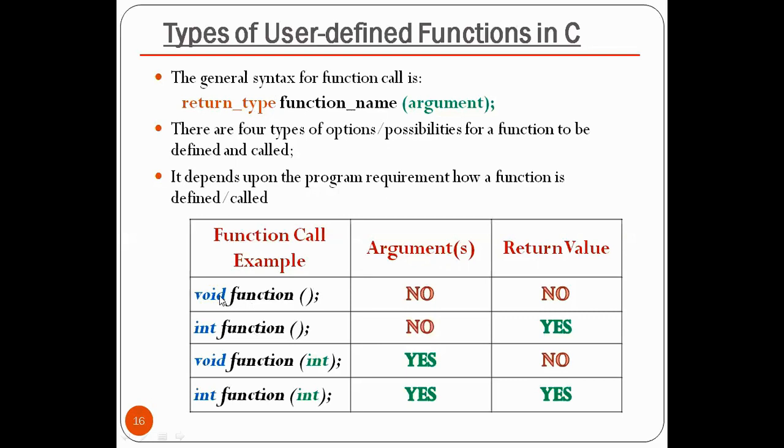Void means nothing is returned, so the return value is no, and there is nothing inside the brackets, so arguments, no. Integer function and brackets: there are no arguments, but the return type is integer, so it is returning some value. So yes, return value is yes. Similarly, void function integer: nothing is returned, but there is an argument. And in the last one, integer function integer, it has both the argument and it is returning a value.